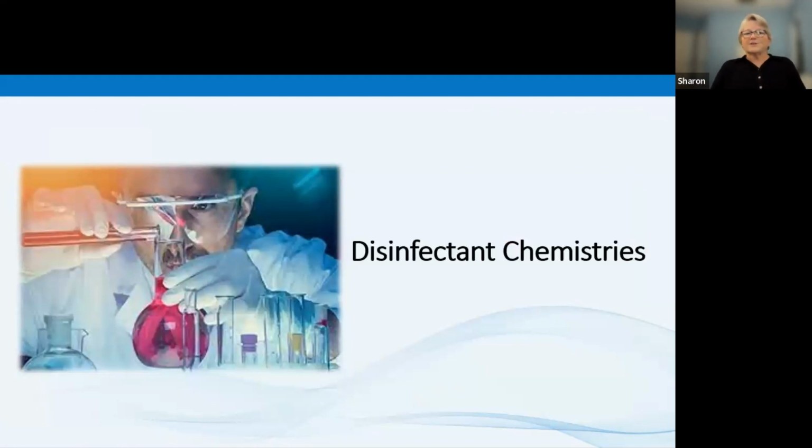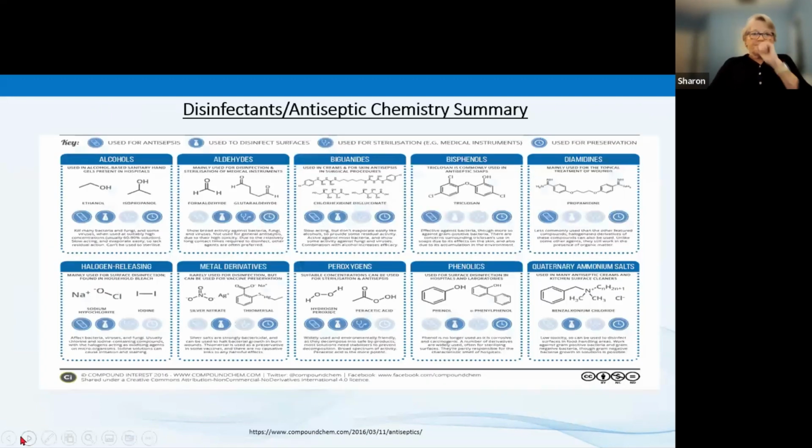Okay, because there are so many disinfectant products available, it's important to have a basic understanding of disinfection chemistry. This slide shows some of the more common disinfectant chemistries. The icons indicate their use. I'm not going to go through the whole slide, but I want to mention some of the most common. First one is alcohol.